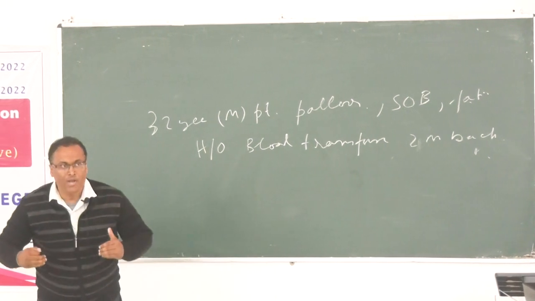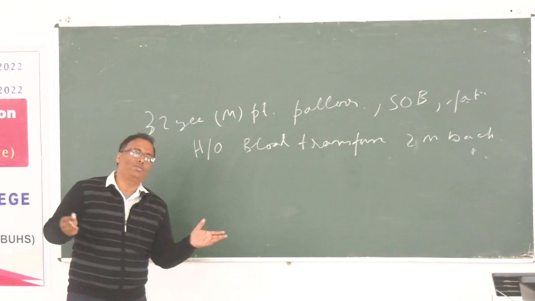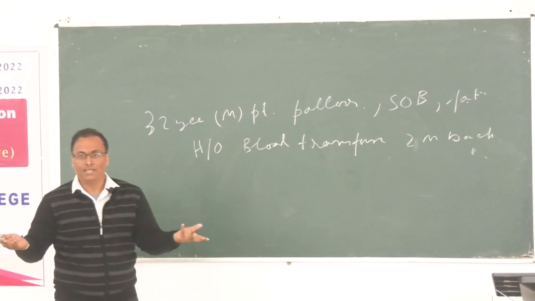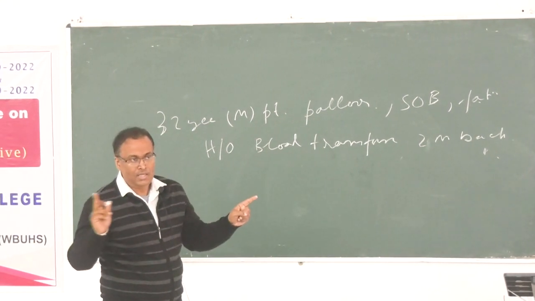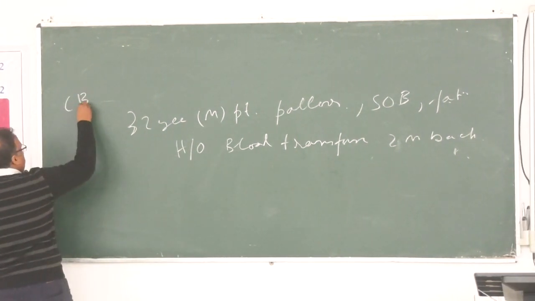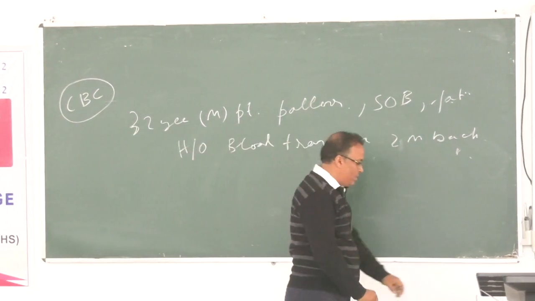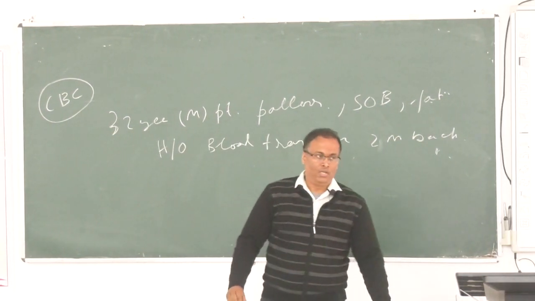So when we are dealing with any patient with these sorts of symptoms, we always do a simple test. What is that? Yes? Complete blood count. This is very important because in complete blood count, what is there?